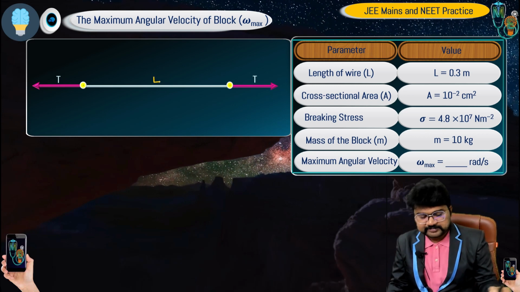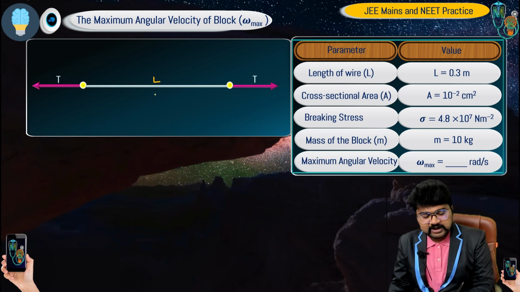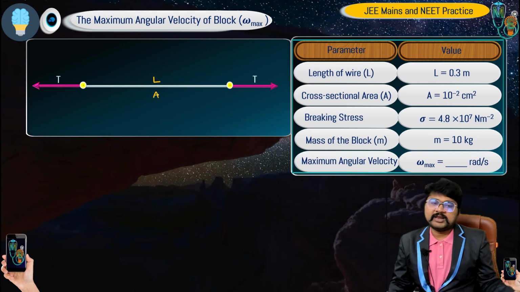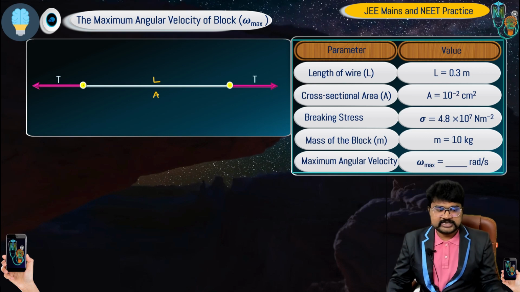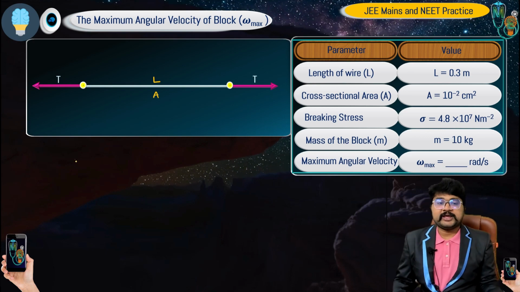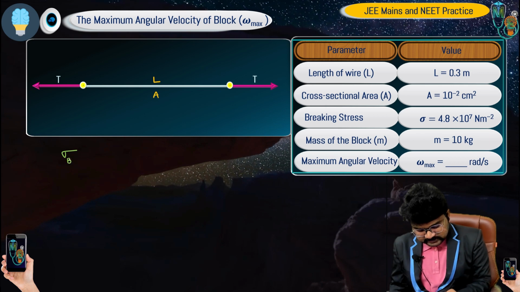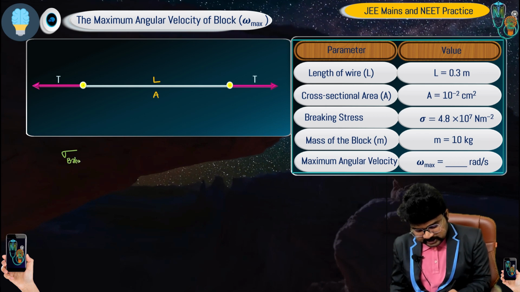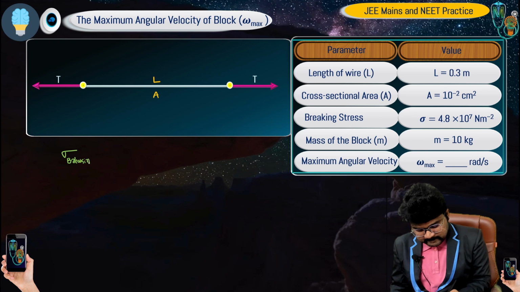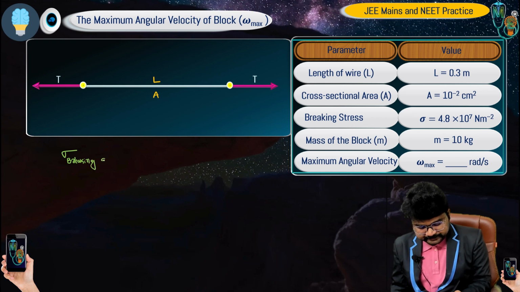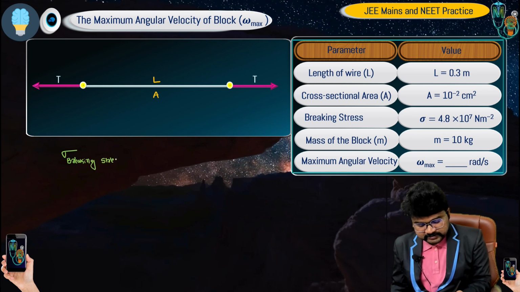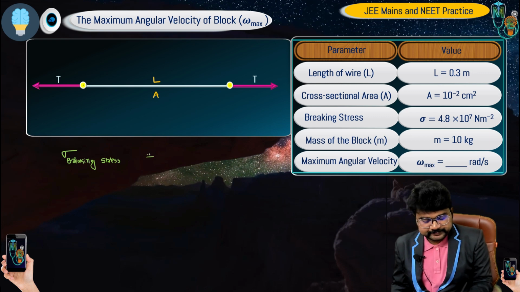Length of the wire and area of cross section is A. What is given? Breaking stress, sigma. We already know that.